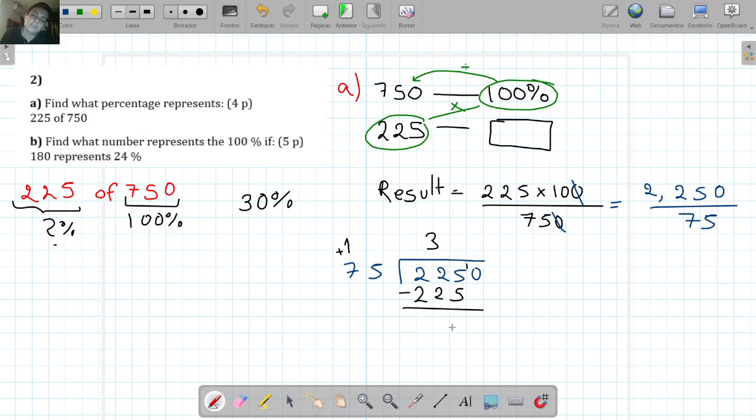Excellent. This is going to be 0. We take down the 0, and remember, whenever you take down a number, you have to look for another. A number that multiplied by 75 will give you 0 is just 0. So yes, you can see we have the same result if you just don't simplify, but I personally recommend to simplify so our numbers will be smaller.